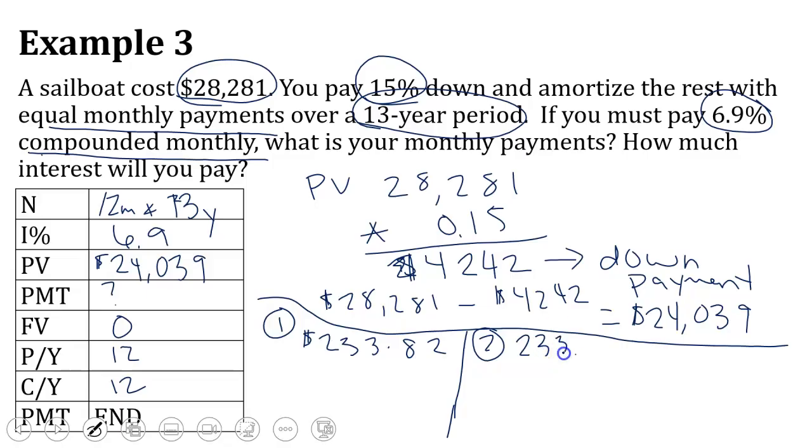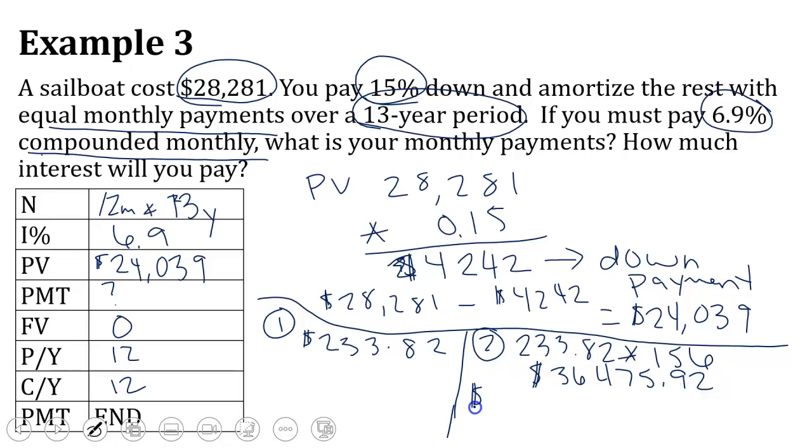Take our monthly payment and multiply it by 12 months over 13 years, 12 times 13. So we made 156 payments. Then you get $36,475.92.